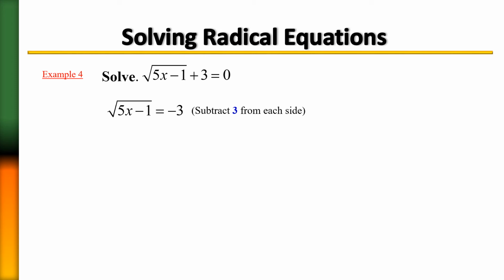You said I had to square both sides because this is square root. Yes, I have to do that. So let's go ahead and square both sides. That's going to allow me to bring down 5x minus 1 on the left side. And on the right side, I have -3 times -3, which is +9.